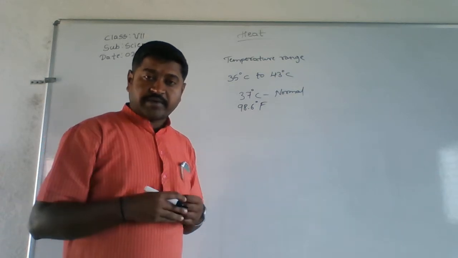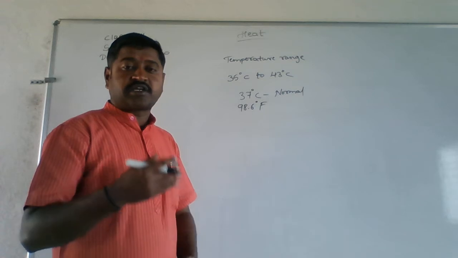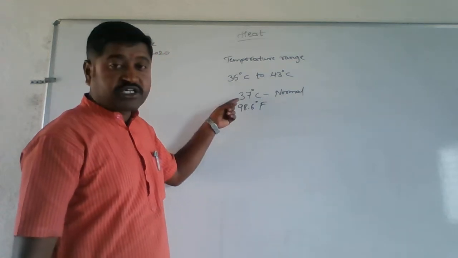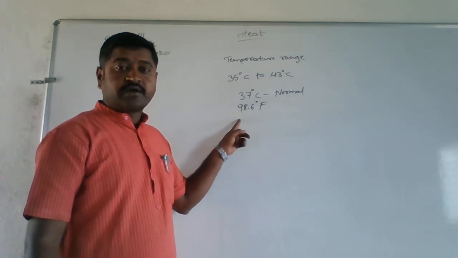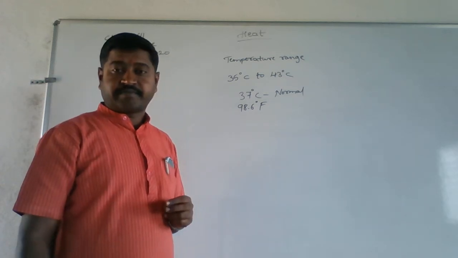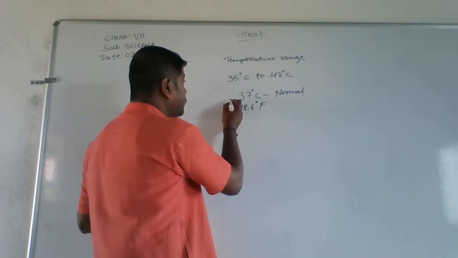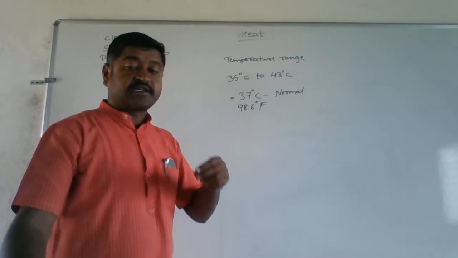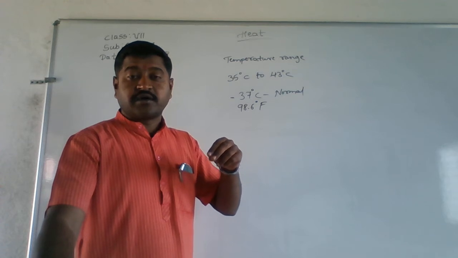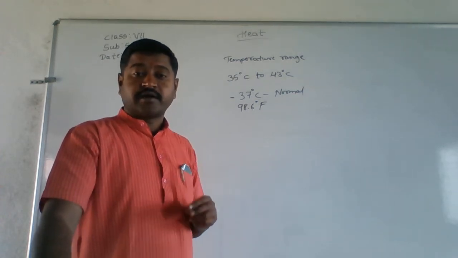As all human beings have some normal temperature, the average normal temperature of a human being is said to be 37 degrees Celsius or 98.6 degree Fahrenheit. Right? You can even find one small arrow where 37 degrees Celsius is located, because it indicates the normal human body temperature.